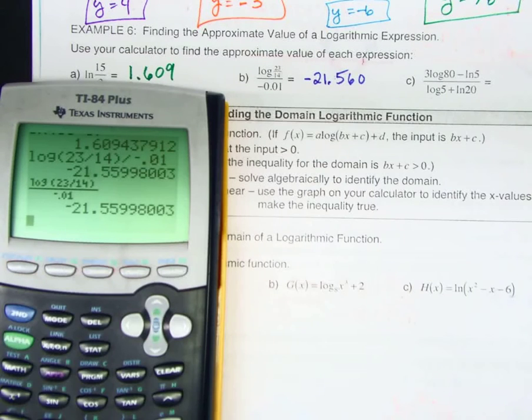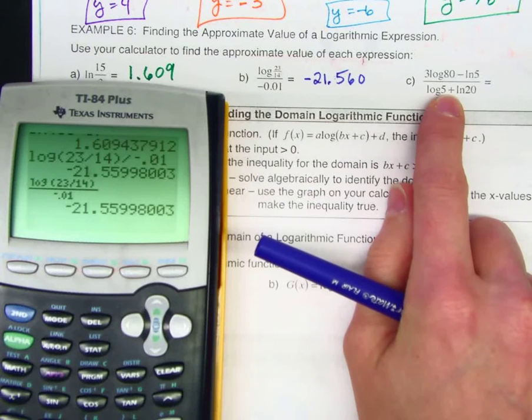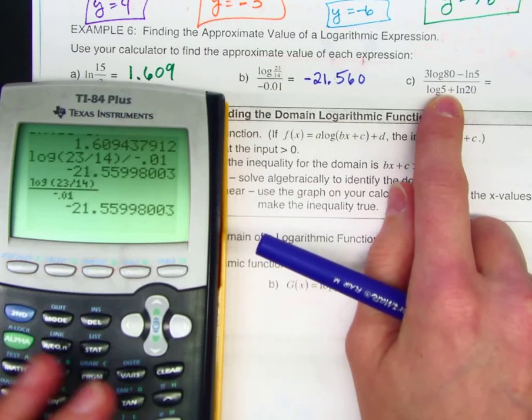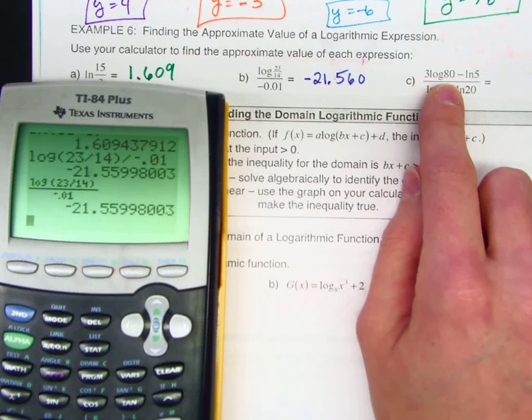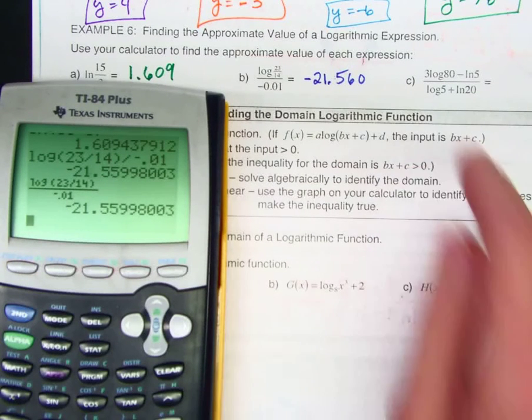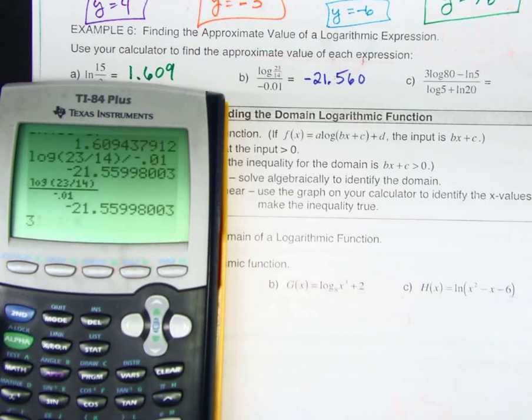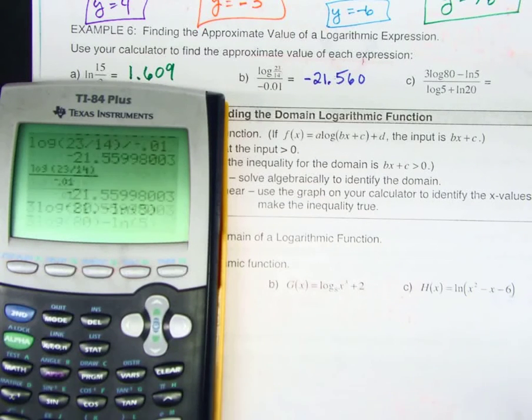For the last one, this is the one that causes the most people problems. A couple ways to do this. One, you could enter in the top and enter in the bottom separately. So you could do 3 log 80, end parentheses, minus the natural log of 5. This answer is your top.